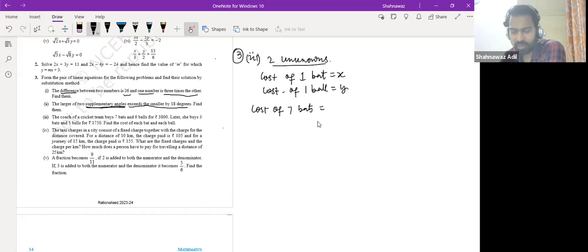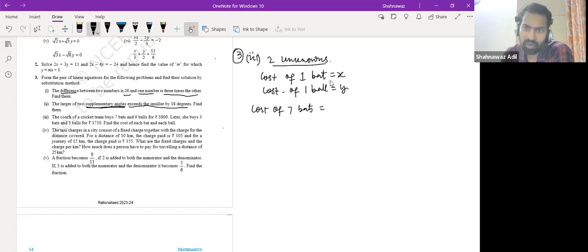The price of 1 pencil is 5 rupees and you have bought 3 pencils. So how much would that be? 15, right? 3 into 5.